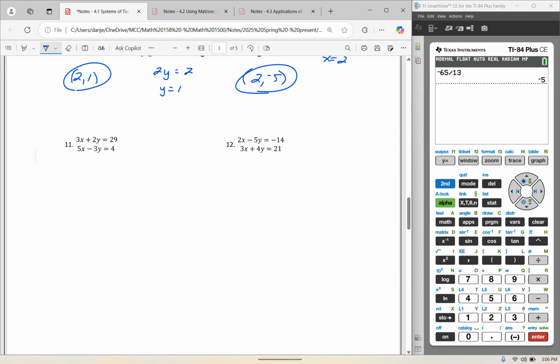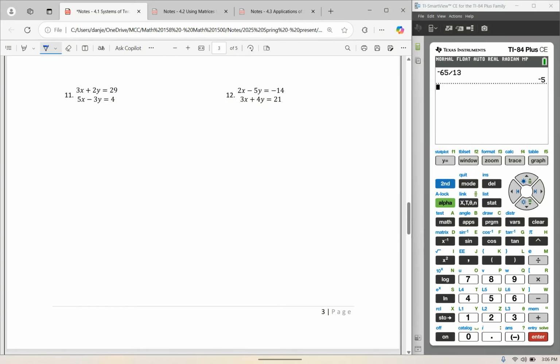Okay, so let's look at a couple more examples. Number 11 and number 12, both of them you'll notice that there is not a situation where I can multiply by a value and the x terms will cancel out, or the y values. So in number 11, I notice I have a positive 2y and a negative 3y.